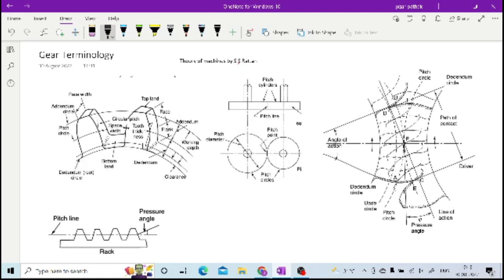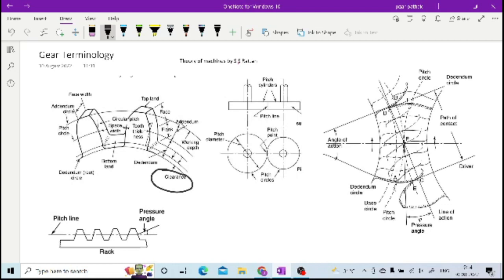Whenever your two different gears are in mesh with each other, you must provide clearance. That is why this clearance is provided. So your addendum and dedendum cannot have the same magnitude. If both have the same magnitude, then you will have interference and jamming, and in order to avoid all this, you have to provide this clearance.